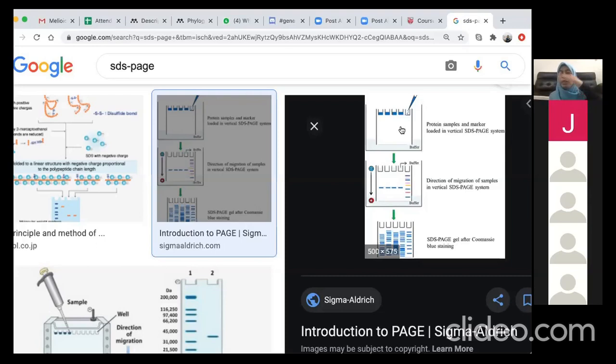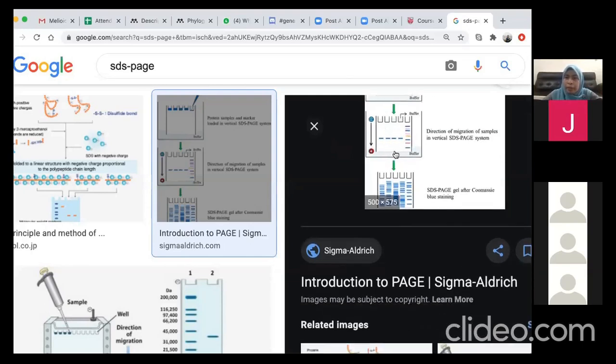We need to stop running now because the dye is reaching the bottom. If you stop earlier, the protein marker or even your protein will not be able to separate well. So that's why you need to stop at the right time.